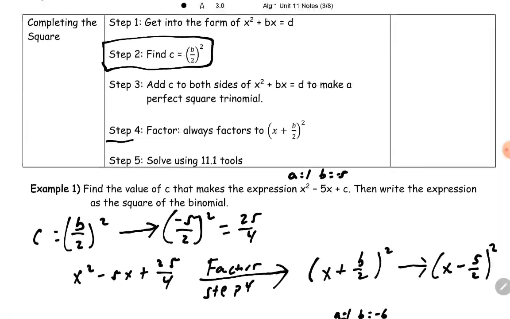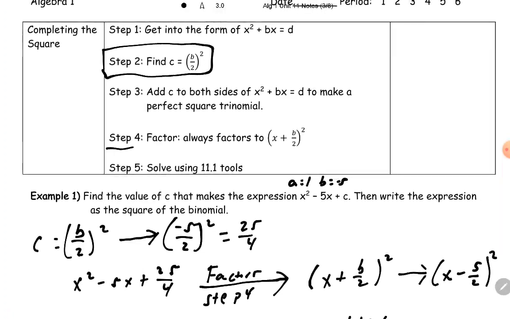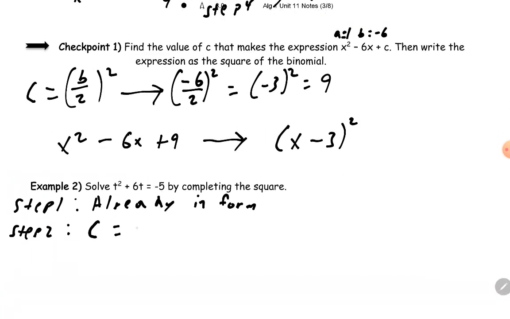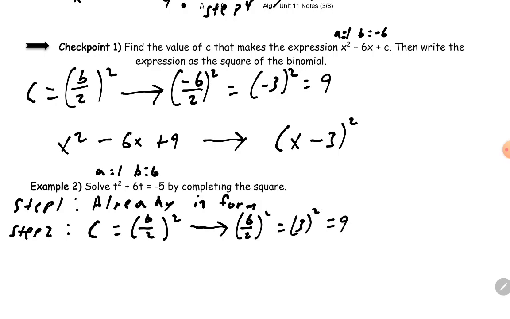So going back up here, step 2, find c. So c equals b divided by 2 squared. My a value is 1, my b value is positive 6. So this will be 6 divided by 2 squared. 6 divided by 2 is 3. 3 squared is 9.